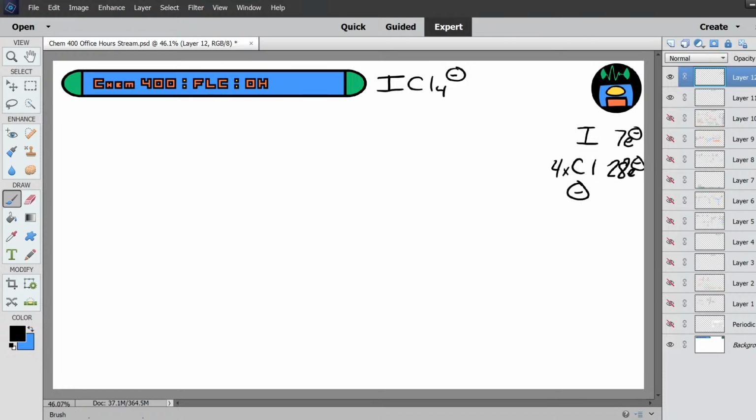And then we have our negative charge, which tells us that we have 1 additional electron in this molecule. So this will leave us with 36 electrons in our budget. We're going to throw iodine in the center.